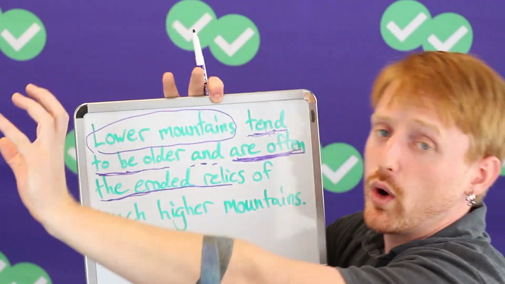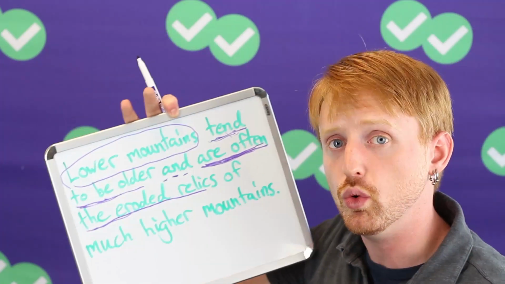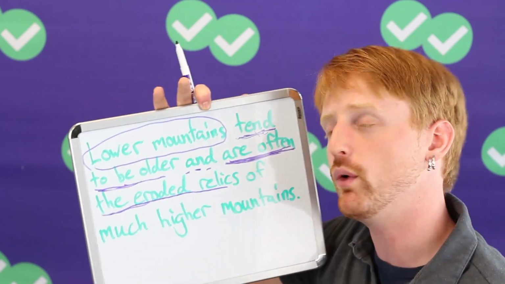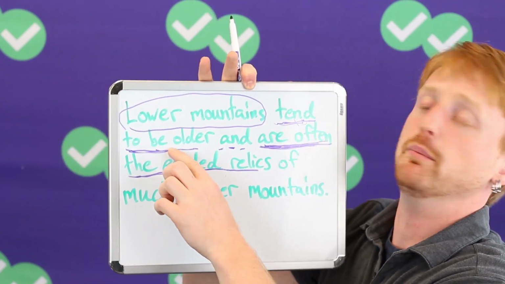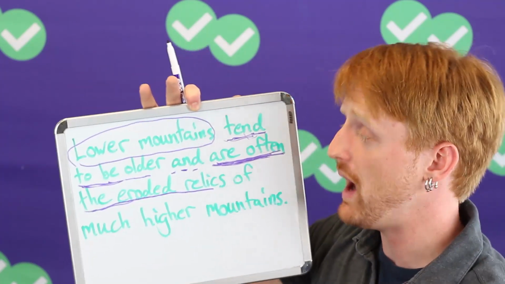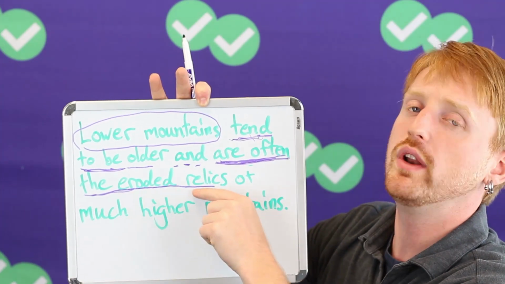So here we have lower mountains. That's the topic. But what do the lower mountains do? What do we want to know? What information do we want to know about those lower mountains? Well, they can be older, and those low mountains are older because they are the eroded relics.